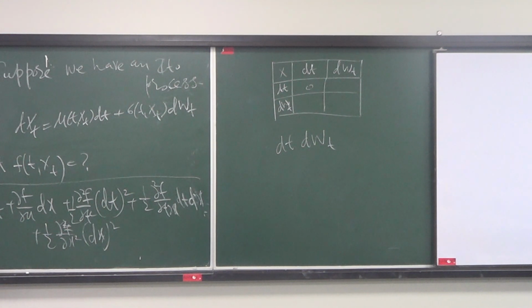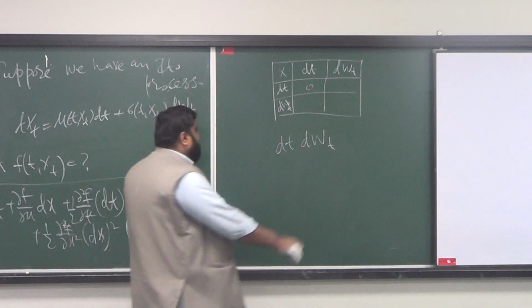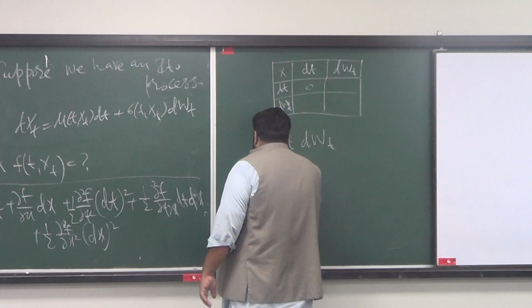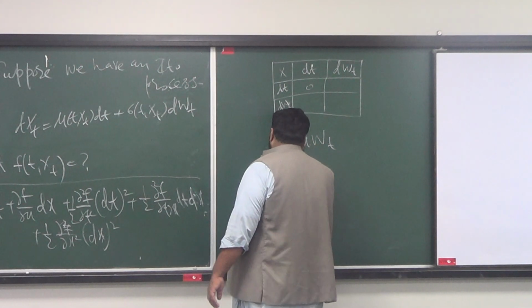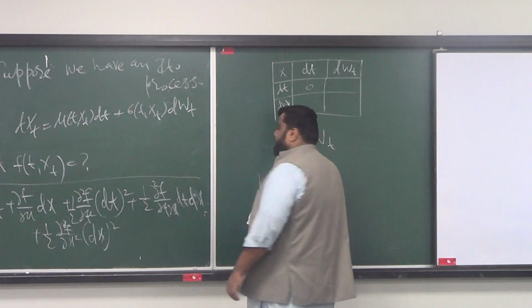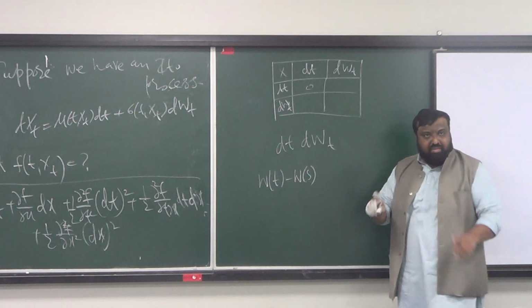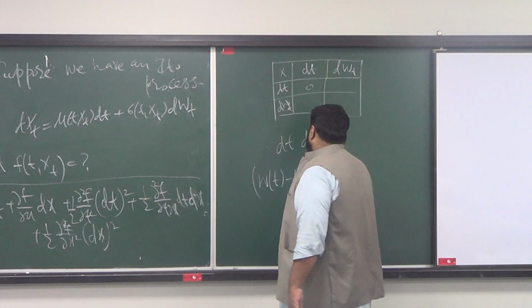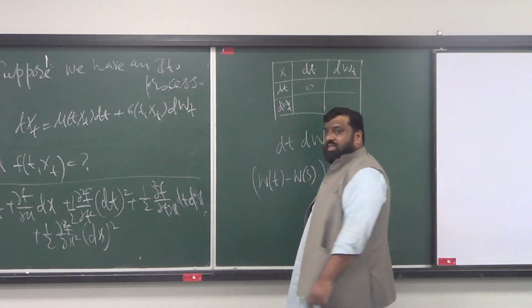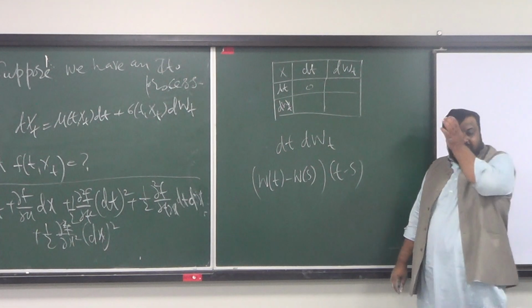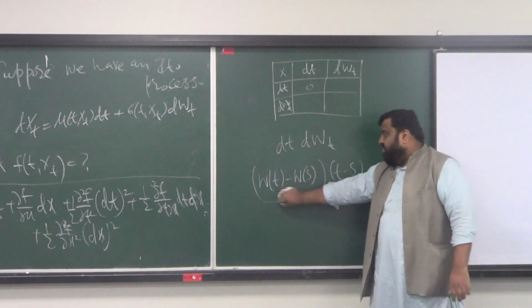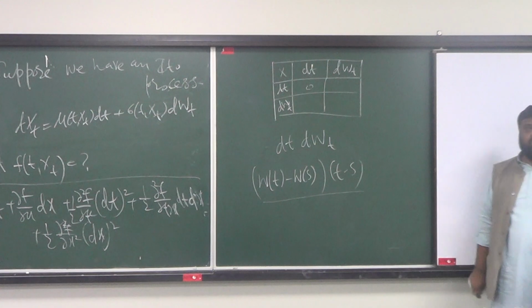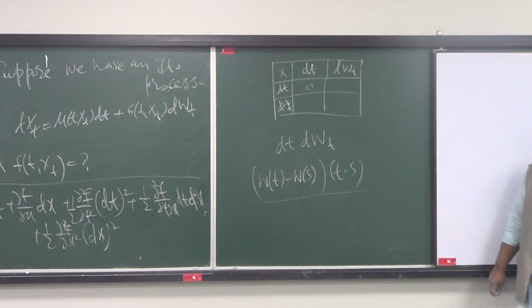Now I want to interpret this in these terms. By dW I'm going to mean some increment, W_t minus W_s, some really small increment, where s and t are really close to each other, and by dt I'm going to mean t minus s. The question is, what is the distribution of this increment?